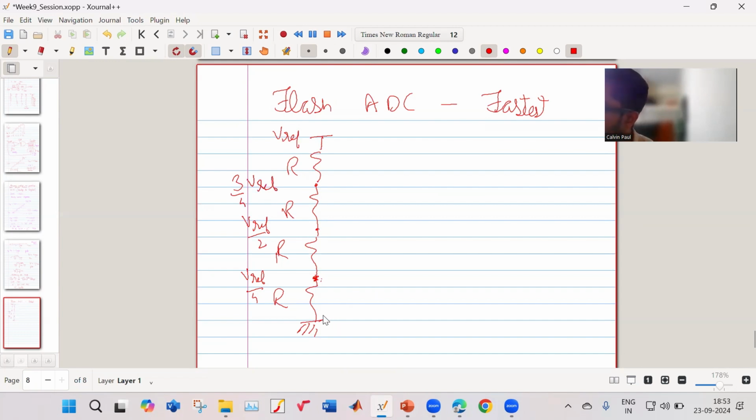So what I will do then is compare all these voltages using what is known as a comparator.